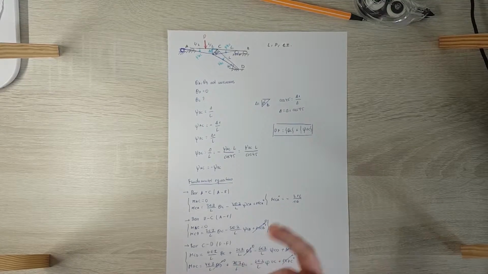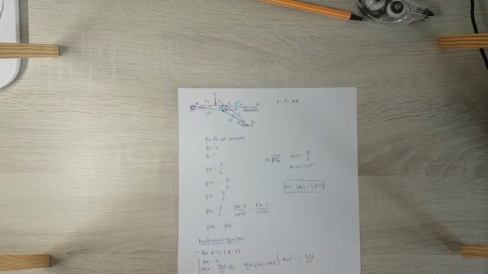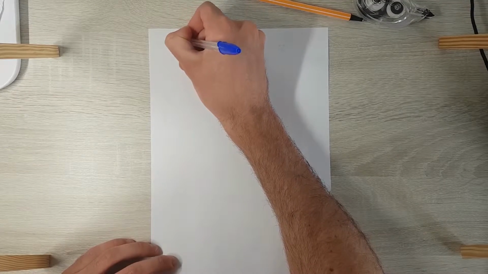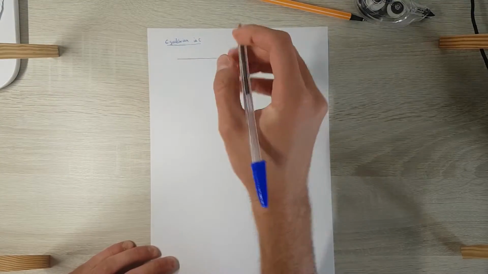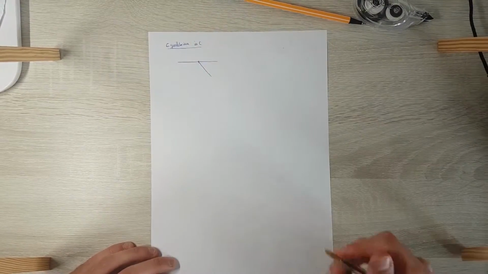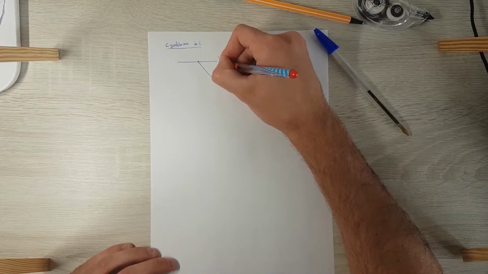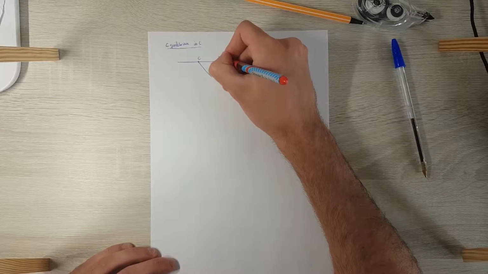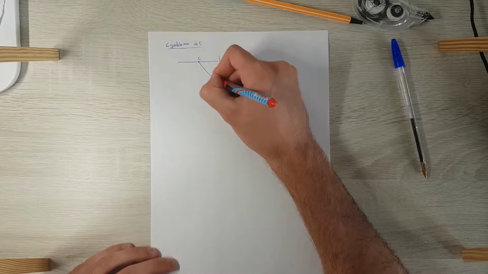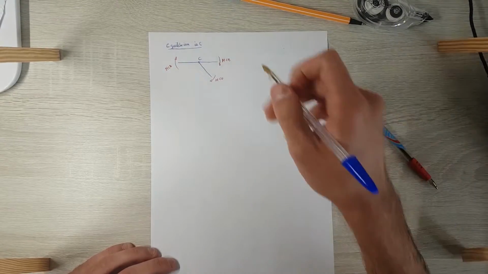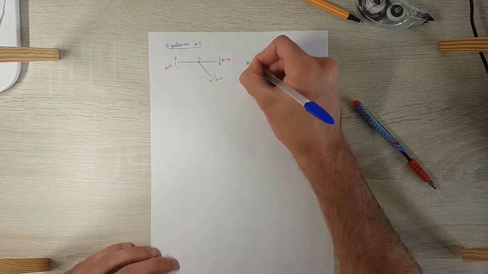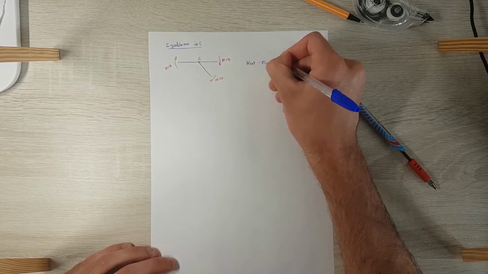And now I'm going to do the equilibrium in the node C. In the node C, we do a little picture of the node C, and we take here the internal moments created around the node. We know that the external moments minus the internal moments should be 0.